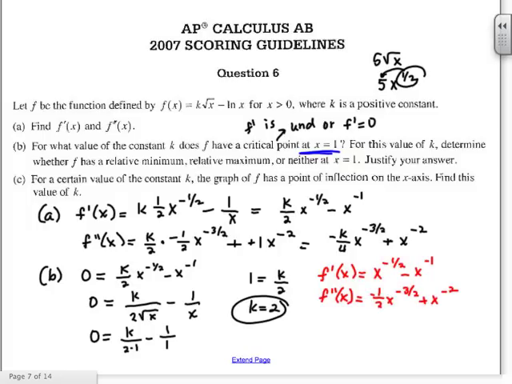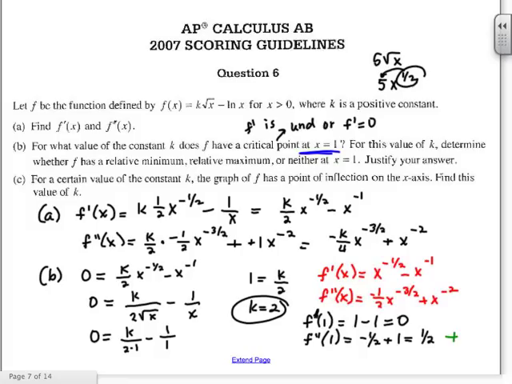So we need to figure out what's happening at x equals 1. If I have f prime of 1, so it's a prime, not a double prime, I have 1 to the negative 1/2, so that's 1 over the square root of 1, which is 1, minus 1 over 1, so I get 0. f double prime of 1 is negative 1/2 plus 1, so that's 1/2. The important thing is that f double prime is positive and f prime is equal to 0.